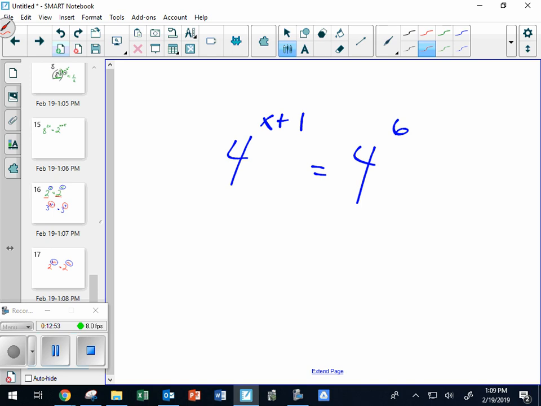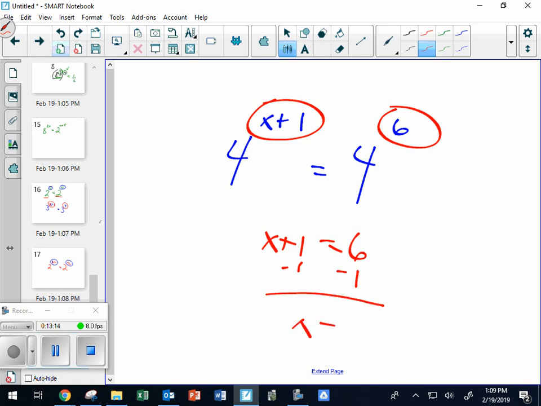There's no way you can divide both sides by 4 and make them cancel. That doesn't work. You can't just subtract the 4 from both sides and make them disappear that way. There's nothing you can do that makes them disappear. But you can say that that must equal that. x plus 1 must equal 6, and that's an equation that anybody can solve. x equals 5. Raise your hand if you had x equals 5.